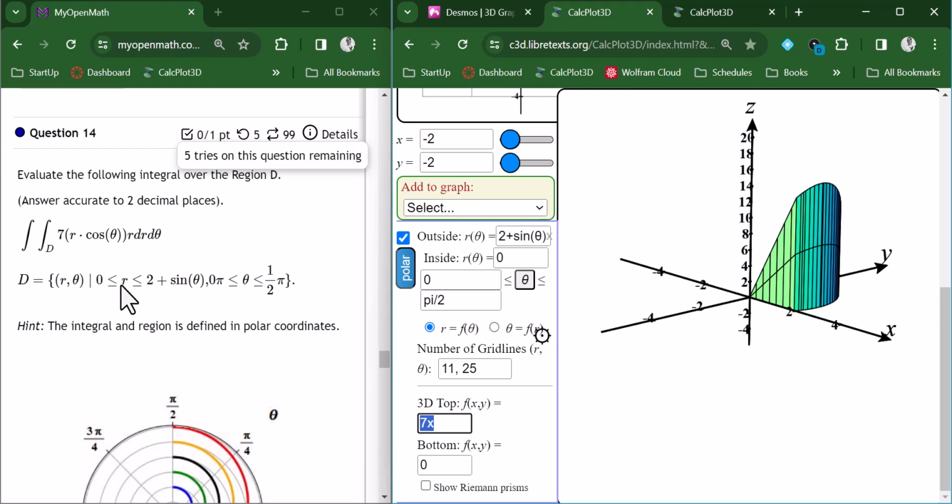And then I was able to write down a polar coordinate representation of the domain, and that is the r value going from 0 to 2 plus sine theta. Now 2 plus sine theta is close to, but not exactly, a cardioid. And our limits for theta go from 0 to 2 pi.